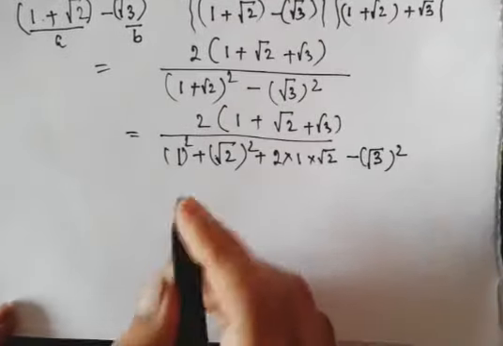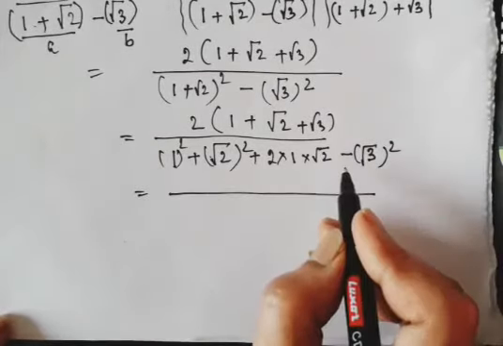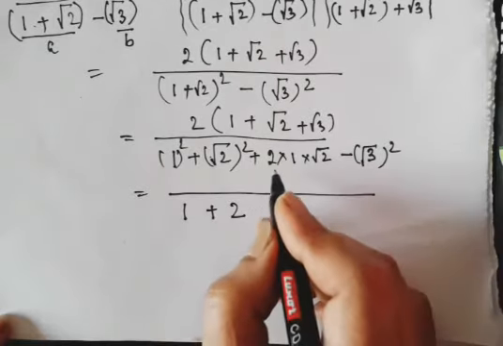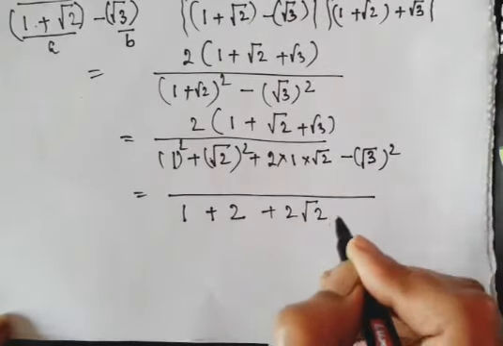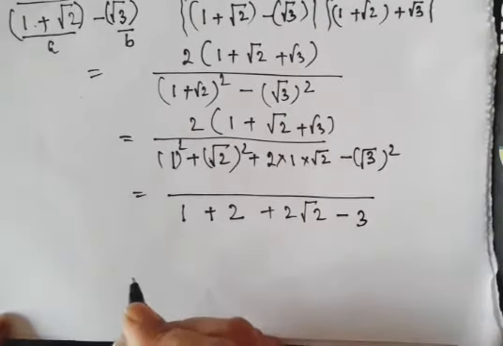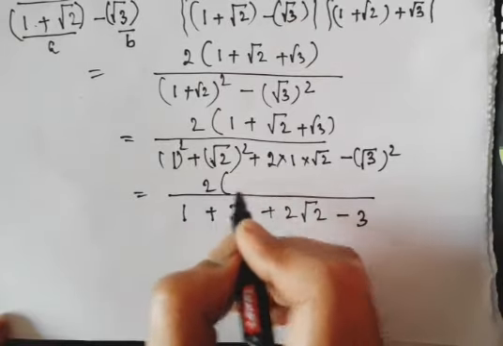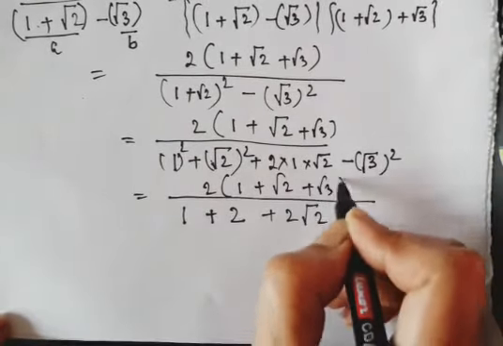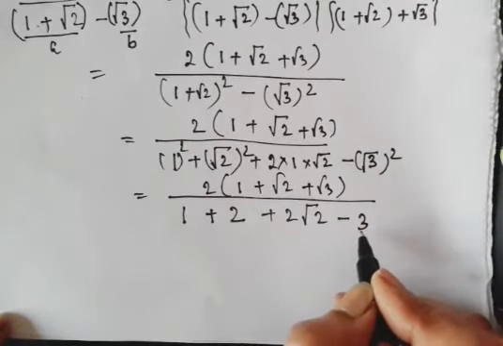Next step. Now you see the denominator: 1 plus root 2 square is 2, and this part is 2 root 2, minus 3. Now here 1 plus 2 is 3 and this is minus 3.